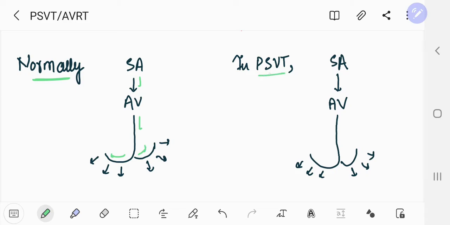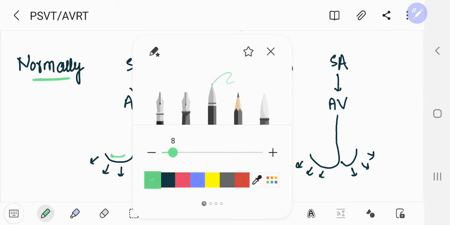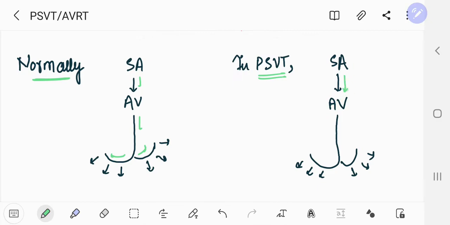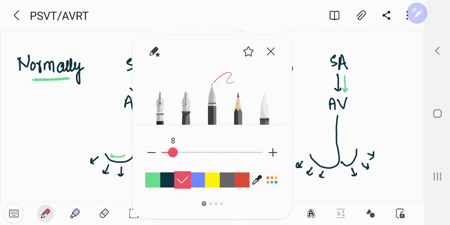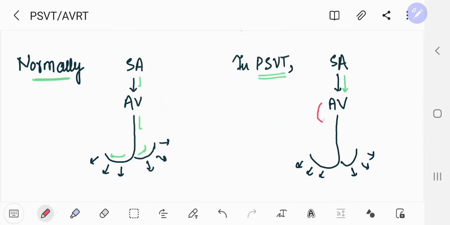But in case of PSVT, from the SA node the impulses go to the AV node, but then from the AV node, instead of going to the bundle of His, there is re-entry of the circuit back into the atria.